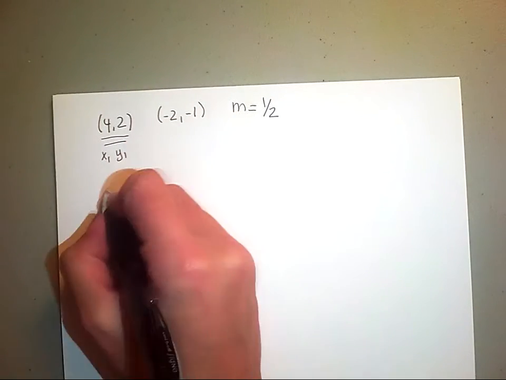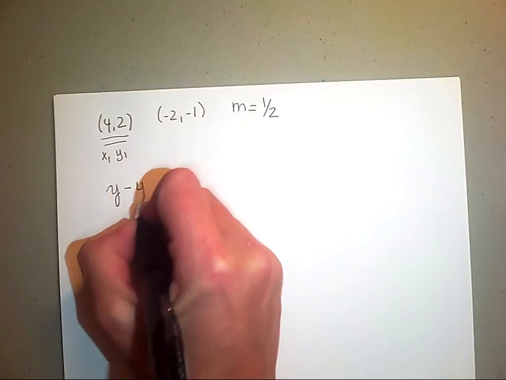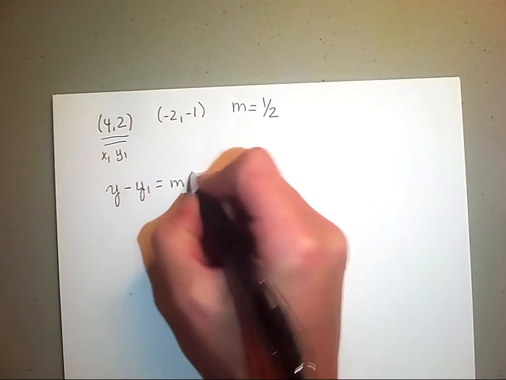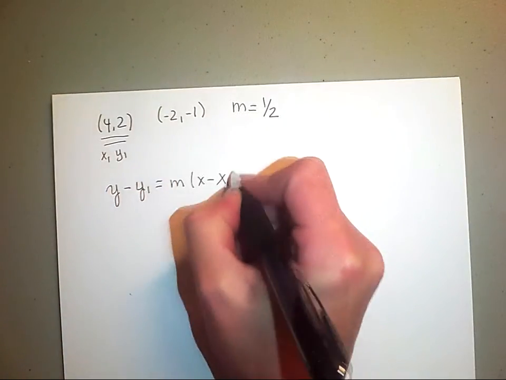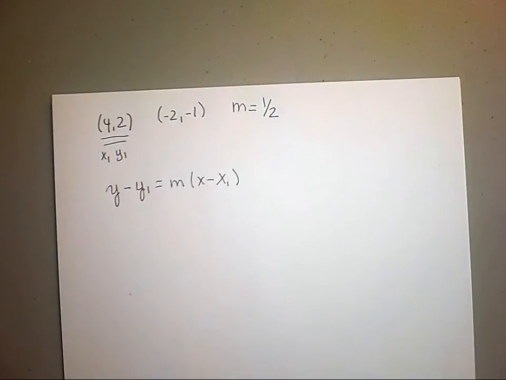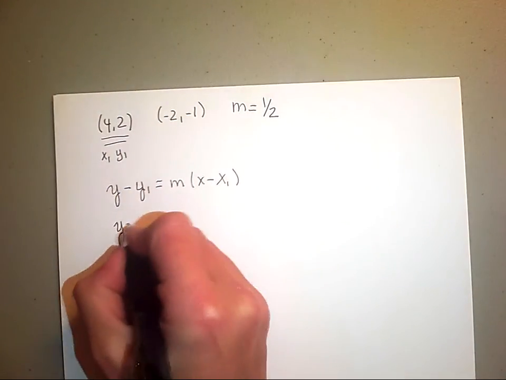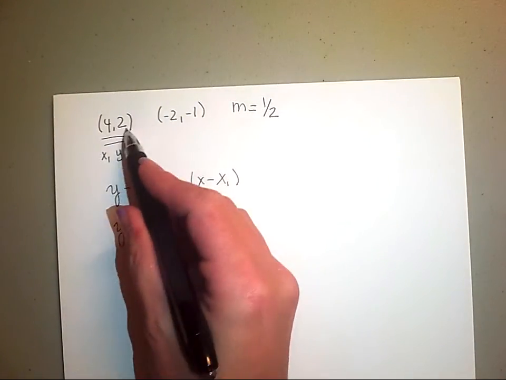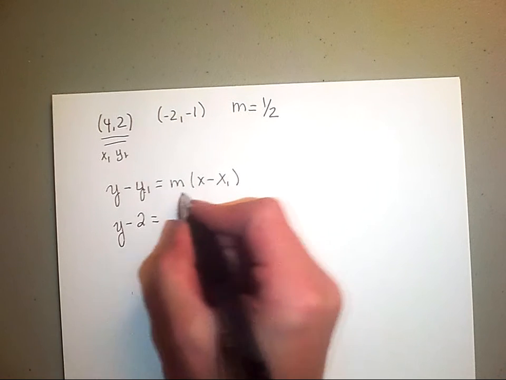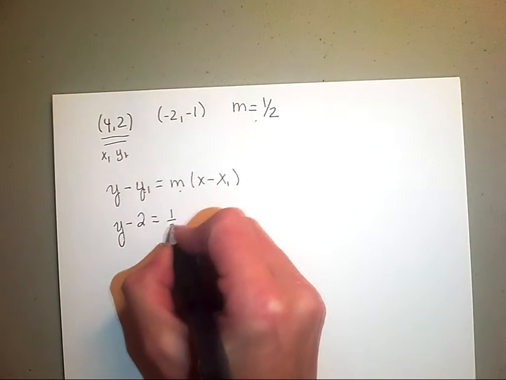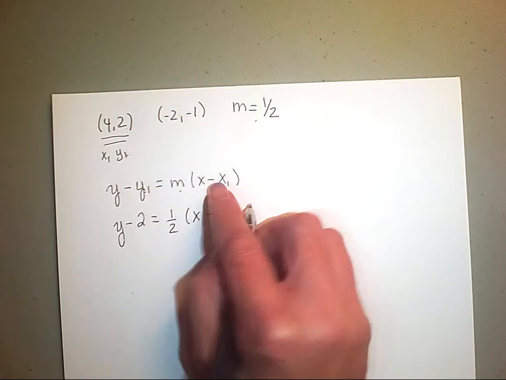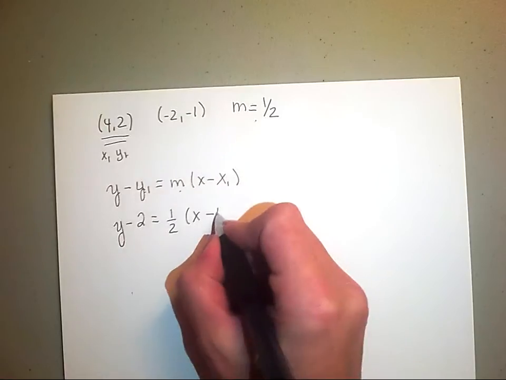Right? Then y minus y1 is equal to m times x minus x1. Okay. So we can just start substituting in y minus y1, well that's 2, is equal to m, which is 1/2, times x minus x1, which is 4. Okay.